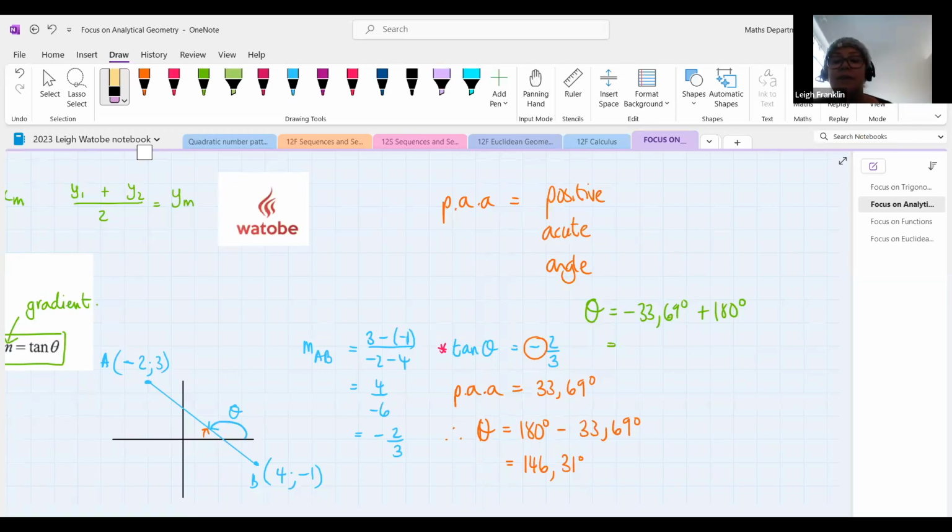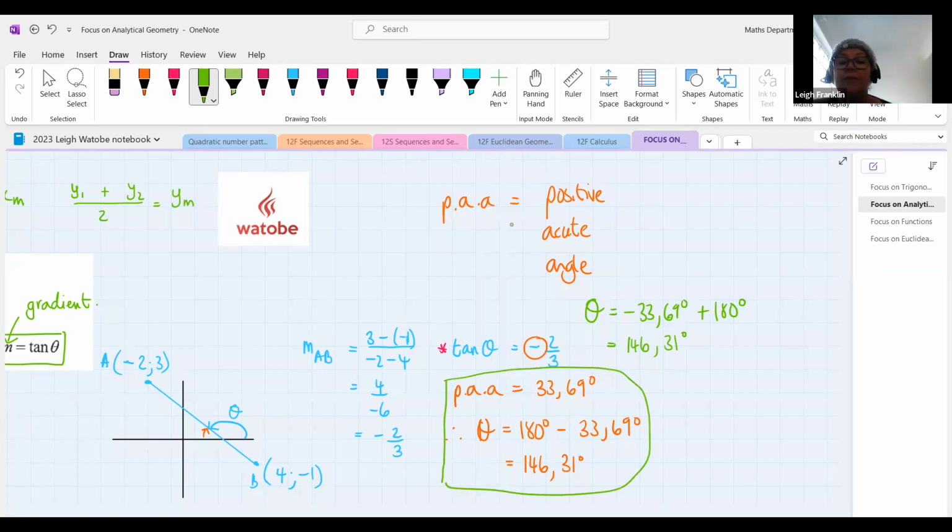Okay, yes, Lesedi. Hi, ma'am. Hi, Lesedi. Ma'am, I have a question. Can you say it's a positive acute angle, even though we express it as negative 33.69, and then we add the 180? You see, if you are going to do what is here in orange, then I would say you would set it out exactly as I have done over here.